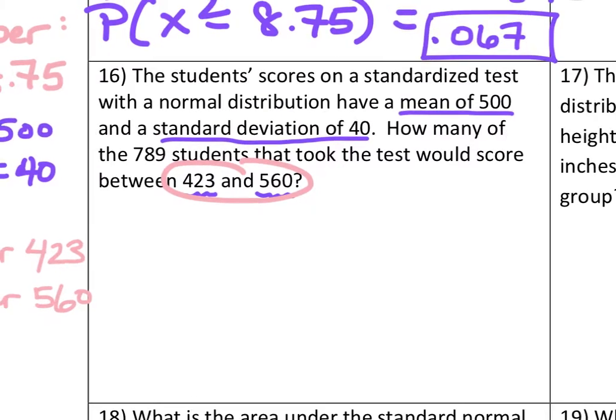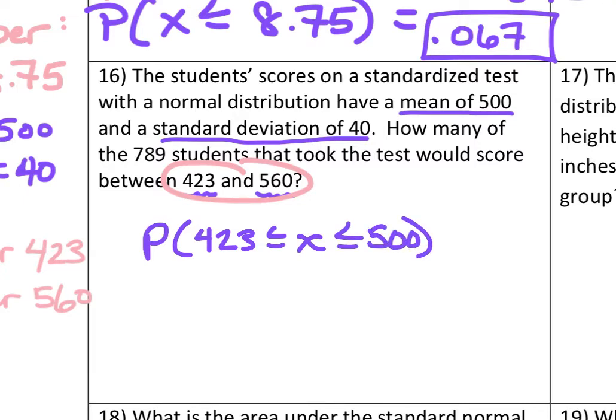And when you do that, the probability that the number will be between 423 and 560, you should get 91% or 0.91. But that doesn't answer the question. Make sure that you see that the question says how many of the 789 students.